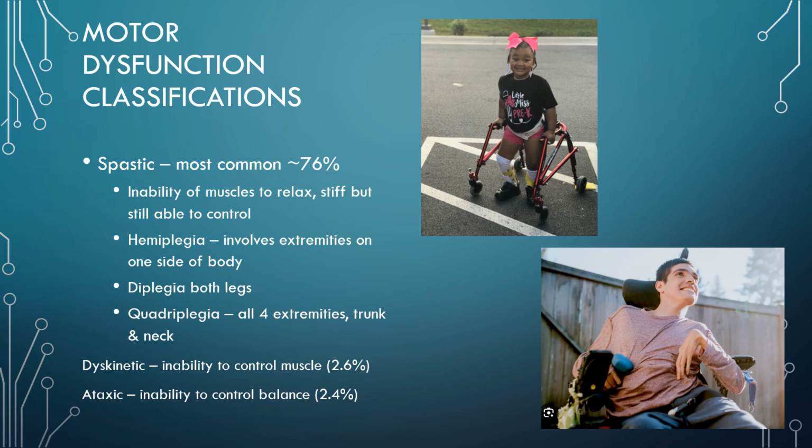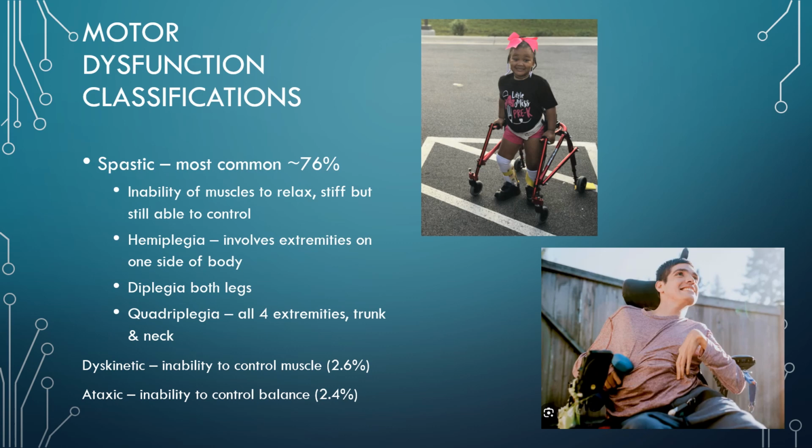But you can see in the picture on the bottom right of this young gentleman, the way that his hand is flopped forward, it's actually very tightened and tense, and those muscles are tightened and shortened and really, really stiff and difficult to control.